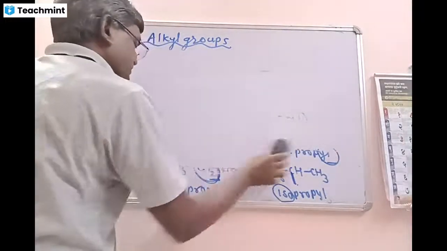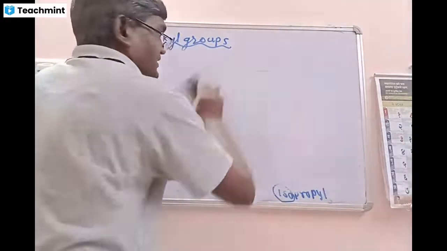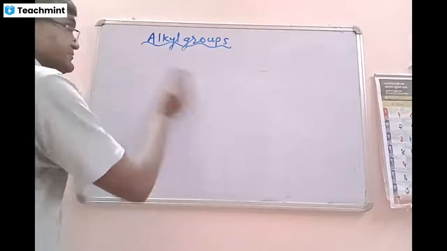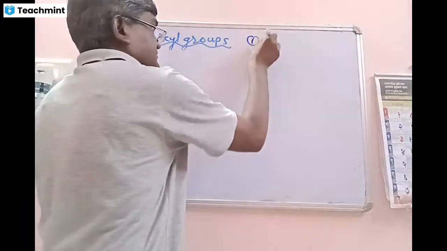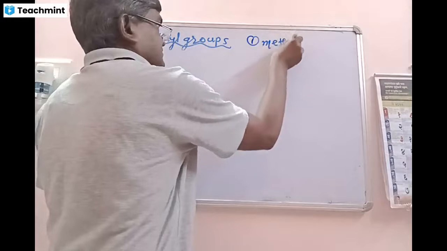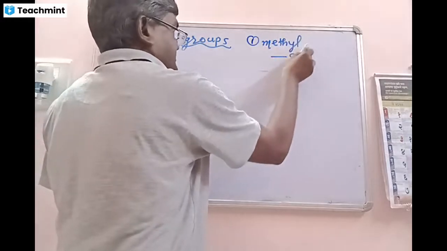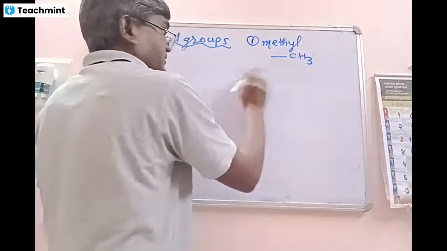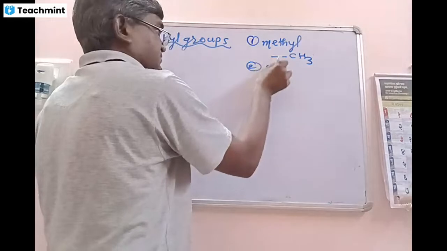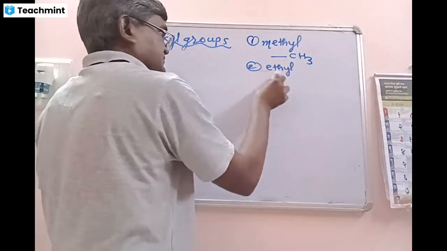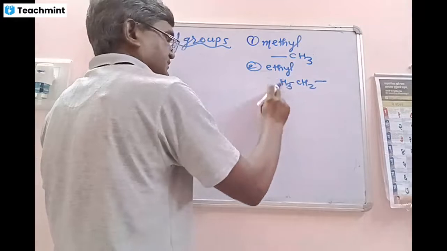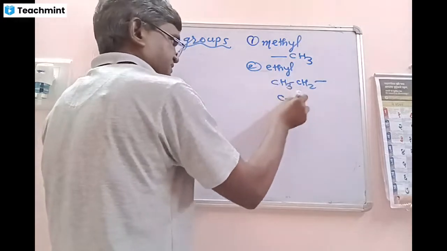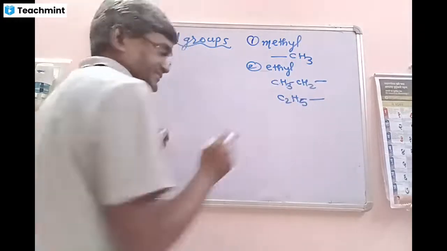Now if you go for butane, then there are a number of possibilities. Initially we saw the first one today, methyl as CH3 dash; it can be open from this side also. Then we have ethyl, like this, or sometimes you can write C2H5 dash.